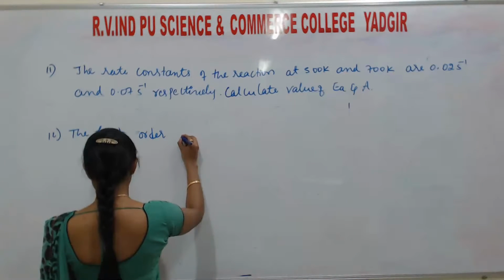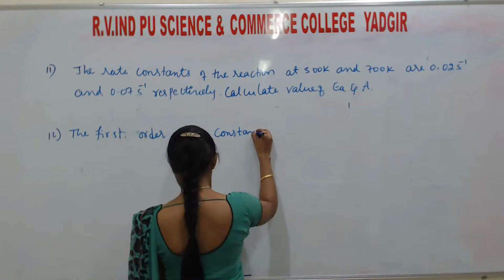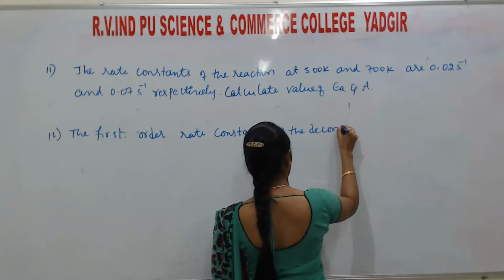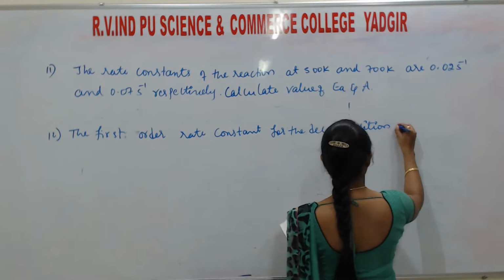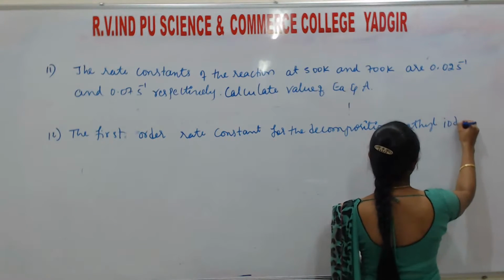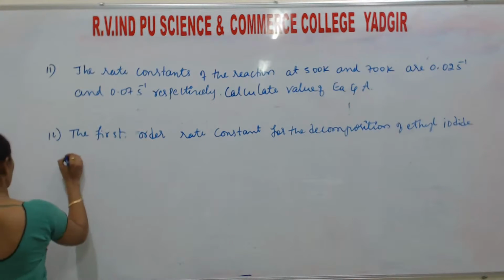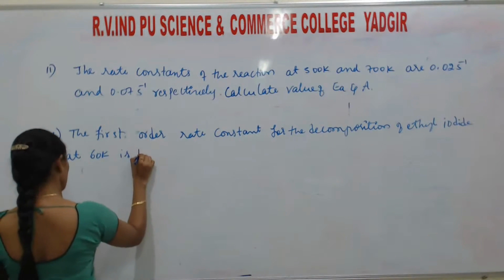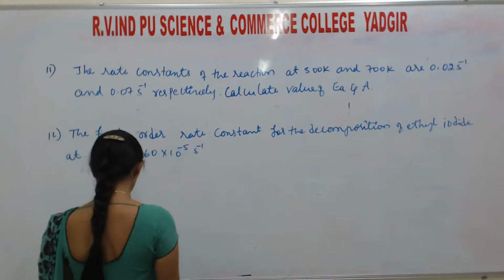The first order rate constant for the decomposition of ethyl iodide at 600 Kelvin is 1.60 into 10 to the power of minus 5 second inverse.